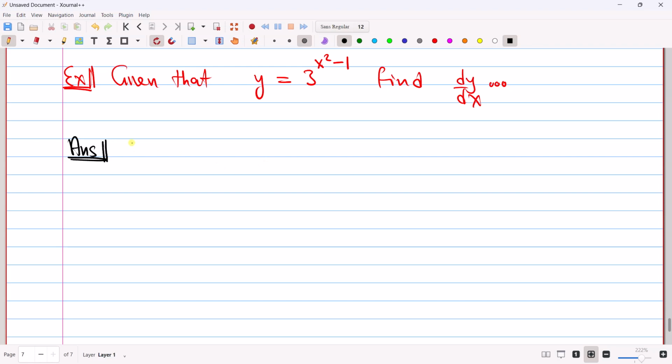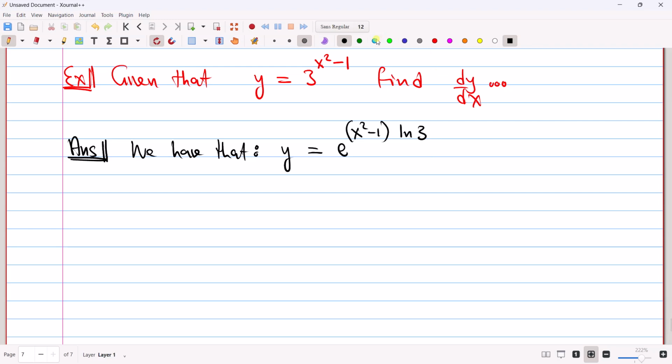How can we find that? If we apply our identity, we can convert that to base e. Our conversion means that this will become e to the power x squared minus 1 times ln 3.